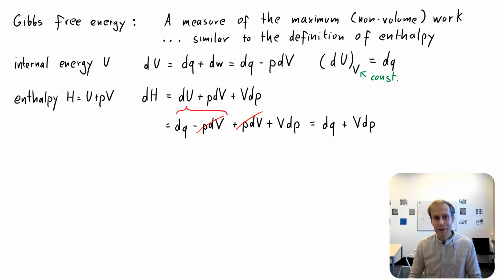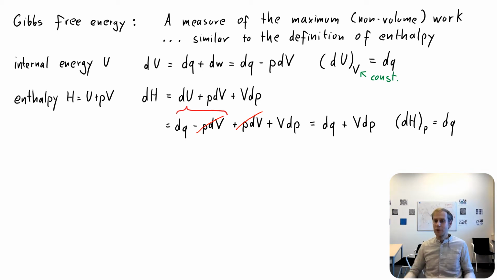Okay, now we can state that an infinitesimal small change of the enthalpy, dH, at constant pressure is equal to the amount of heat that flows. Because, again, the dp term is 0 when the pressure is constant, and only the dq term is there.